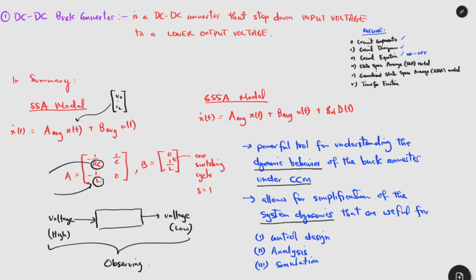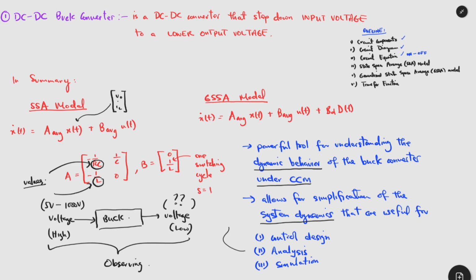Those components have values, and if we want to design a buck converter to behave in a specific range of input voltage and output voltage, we will carefully select all these values so that the buck converter operates in a specific range. If the input can allow for a voltage range between 5 volts to, let's say, 1000 volts, from there we will be able to understand within what limit this output voltage will be produced.